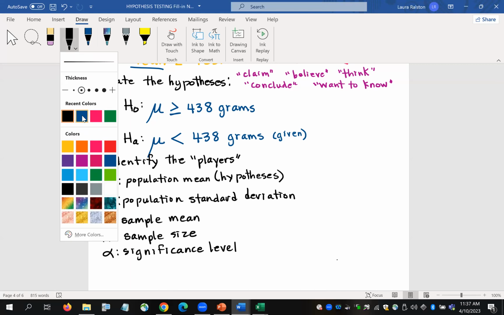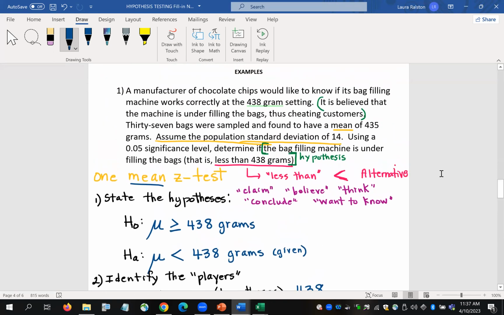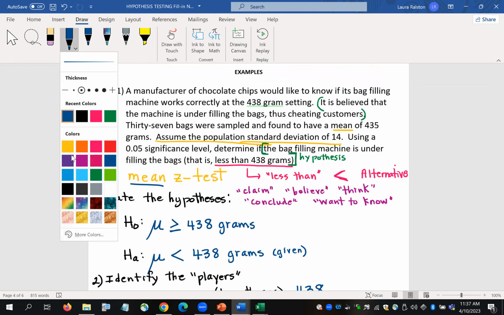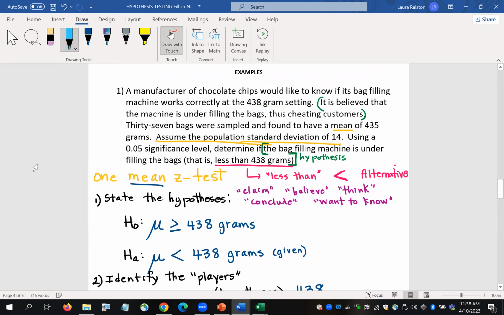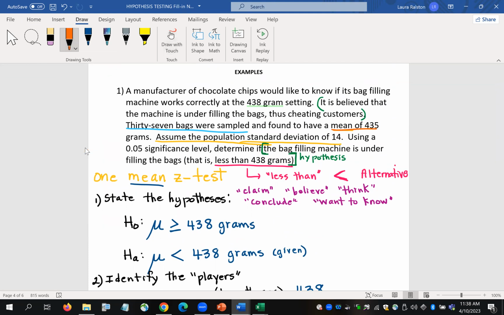Okay, so I know that my population mean is 438 grams. I'm scrolling back up to my scenario. In the third sentence, it says 37 bags were sampled and found to have a mean of 435 grams.